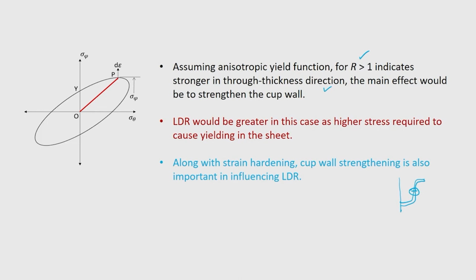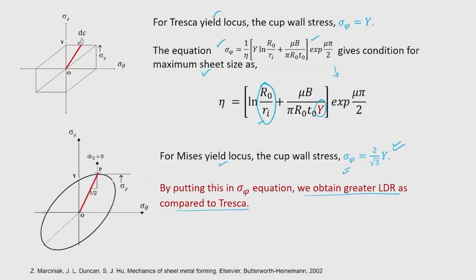Why? Because the through thickness direction strength is going to be larger than the plane if you take r greater than 1, which means that LDR would be greater in this case, as higher stresses are required to cause yielding in the sheet. So LDR would be much larger if you use an anisotropic yield function for r greater than 1 material. In these two cases, r is equal to 1 in both the cases, Tresca and von Mises, it's for isotropic material.